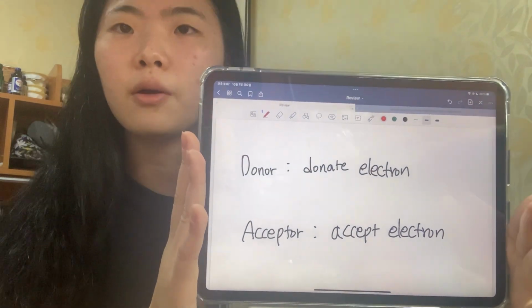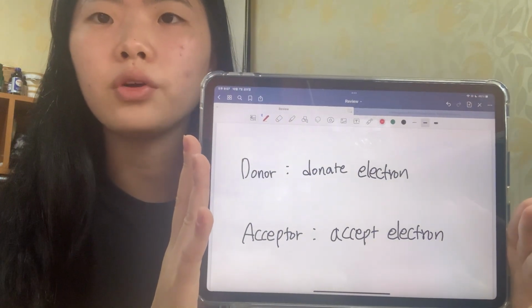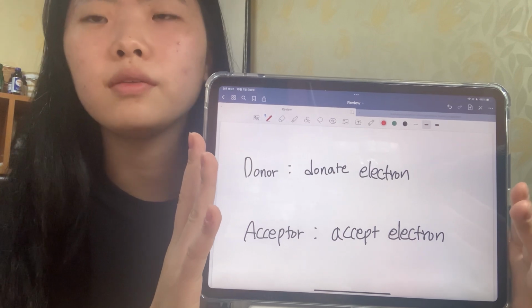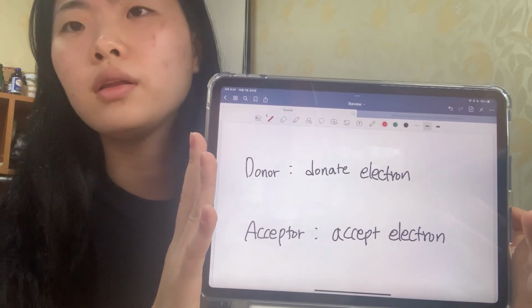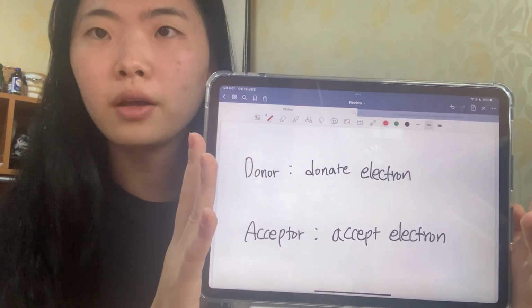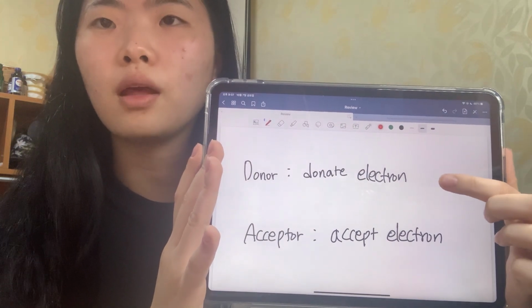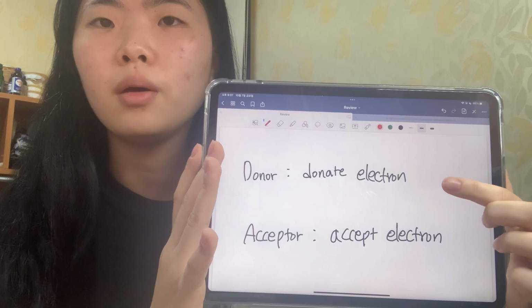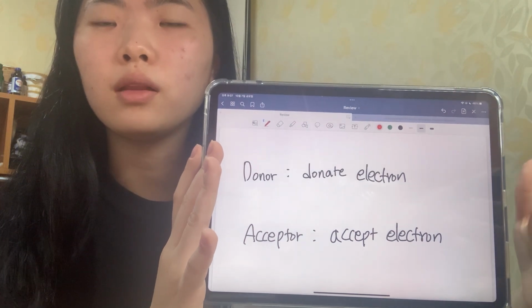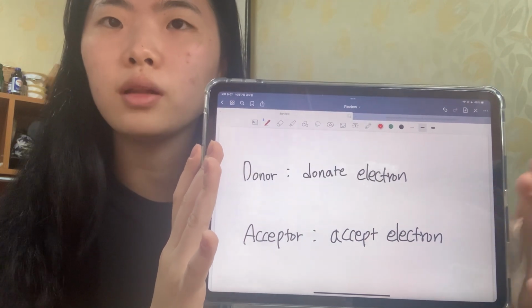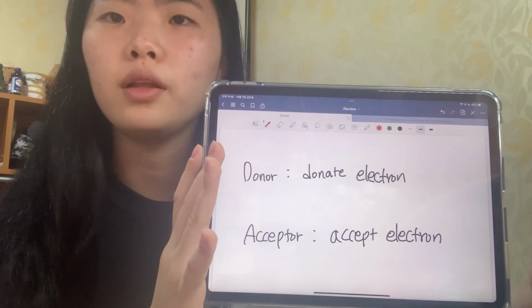Then I will talk about donors and acceptors. A donor is an atom that donates electrons to the semiconductor. This is used in N-type semiconductors because N-type has one more electron, so we should donate electrons.